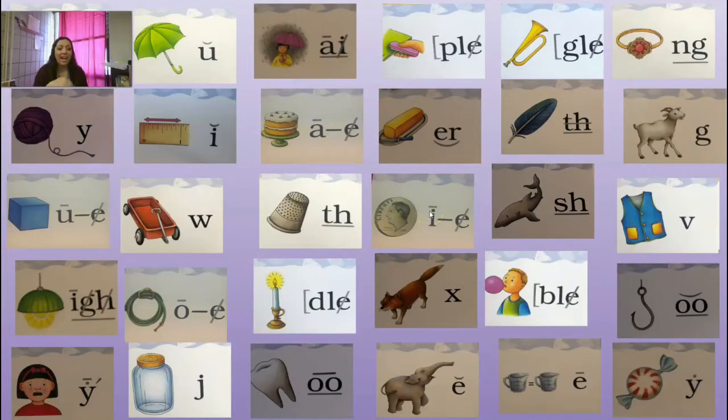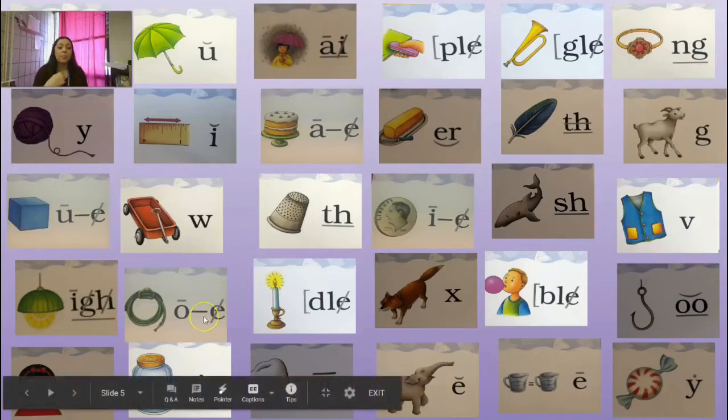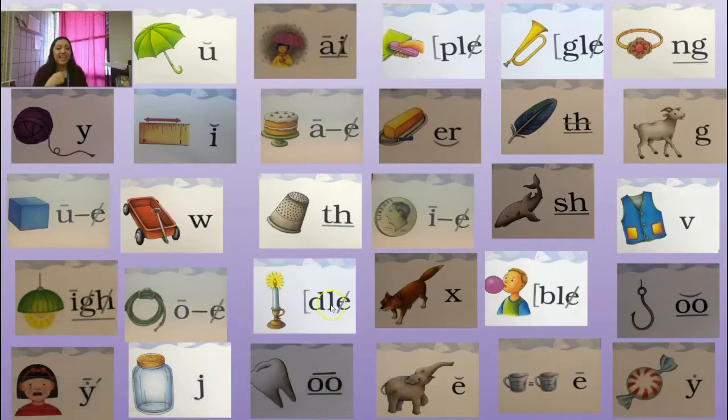Dime, I. I consonant e. Shark, sh. Digraph sh. Vest, v. V. Light, I. What do we say? Trigraph igh. Hose, o. O consonant e.